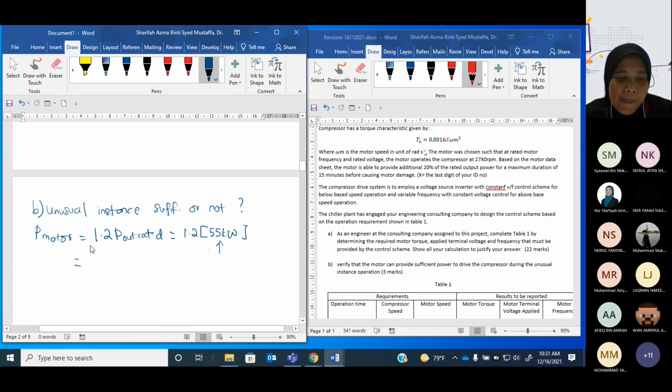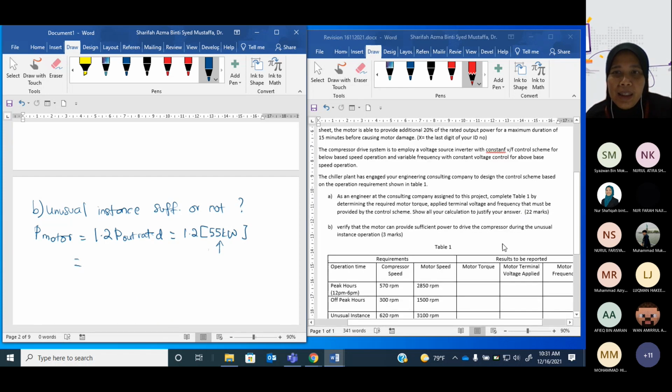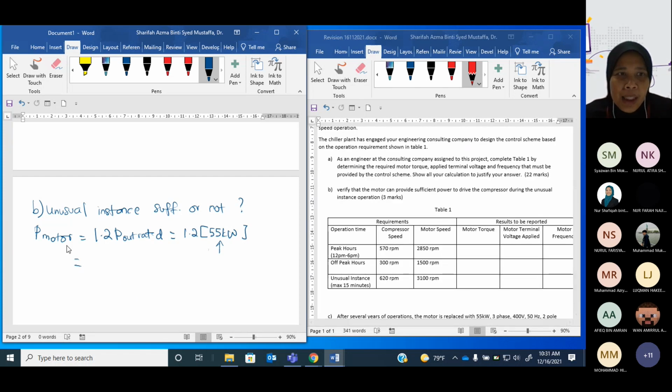TE omega M. Okay. So, we already calculated TE dekat jadual tadi kan? Kita pun dah ada omega M at the unusual condition. So, P out at unusual time equal to TE unusual.